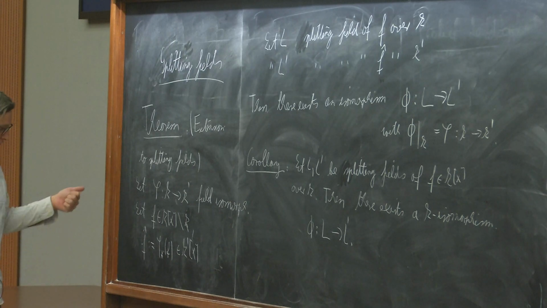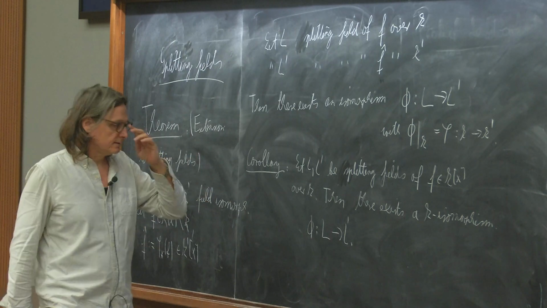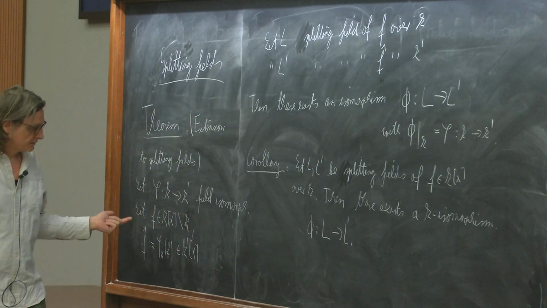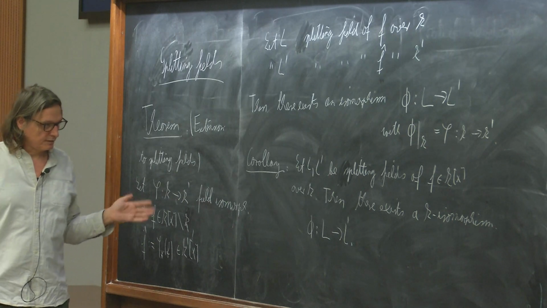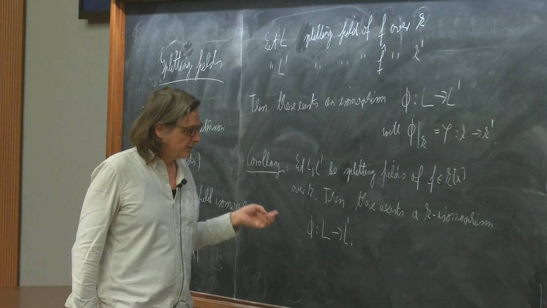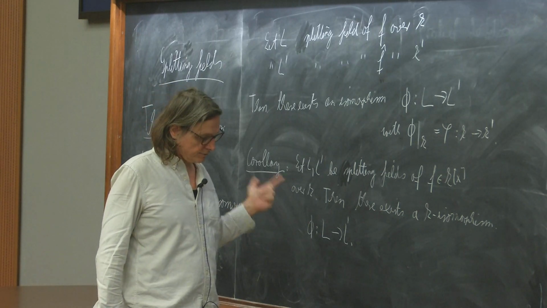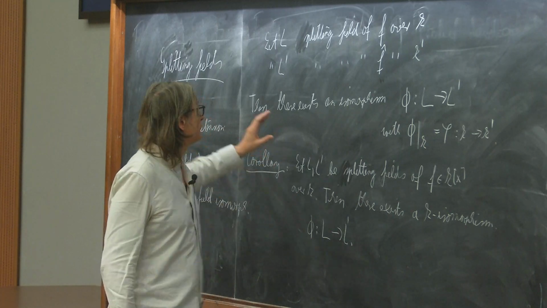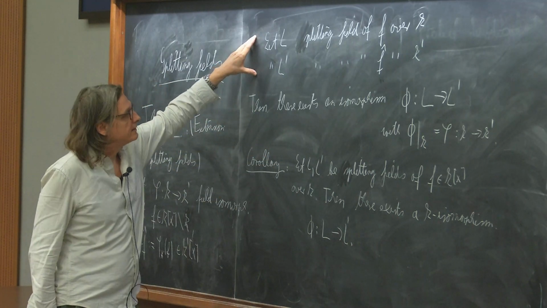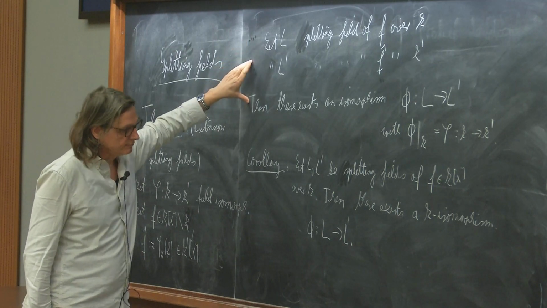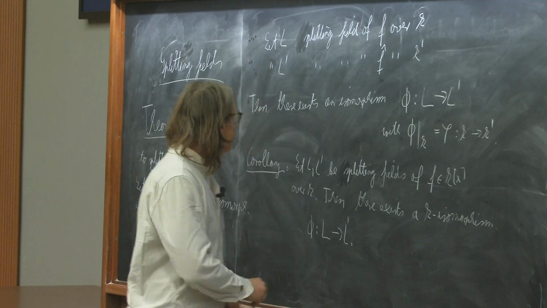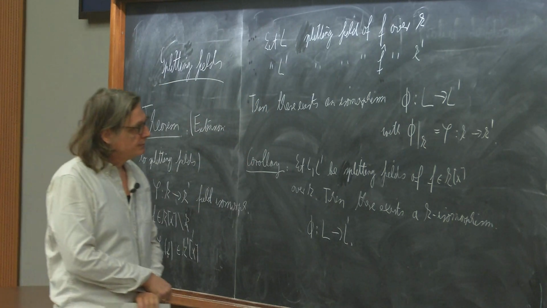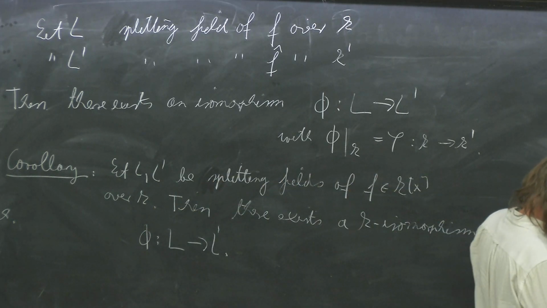So if I have a simple algebraic extension, I look at the minimal polynomial, and there's precisely a unique extension of the isomorphism which sends one root of the minimal polynomial possibly to another one. Here we don't know how many extensions there are, we know that there is at least one. And that actually is important. If we knew precisely how many there were, then Galois theory would be very easy. But we don't.